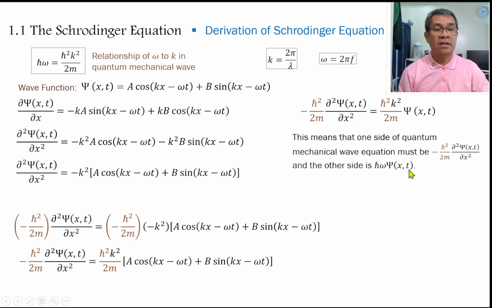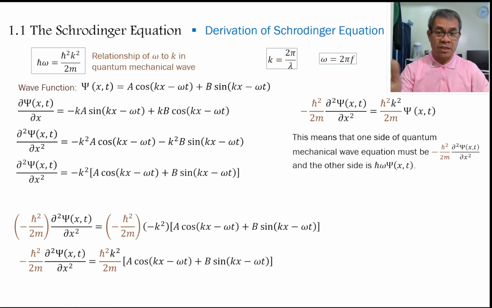And the other side should be h bar omega times psi. Why h bar omega? Okay? So that you will come up with this result. Now, the question is how to produce h bar omega psi.